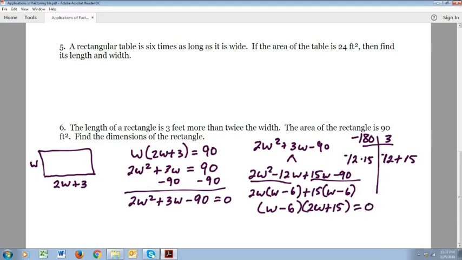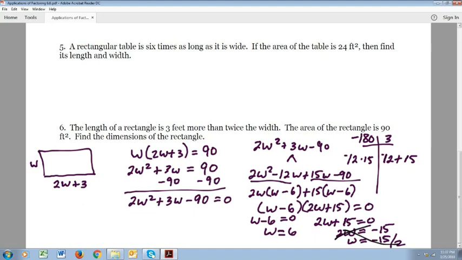So that's equal to 0. So now we're going to set each of our factors equal to 0. Here we're going to get 6. And I think on the other one we're going to get a negative because we're going to subtract 15 on both sides. We'll get 2w is negative 15. So the width is negative 15 over 2. And again, we know that our width can't be a negative number.